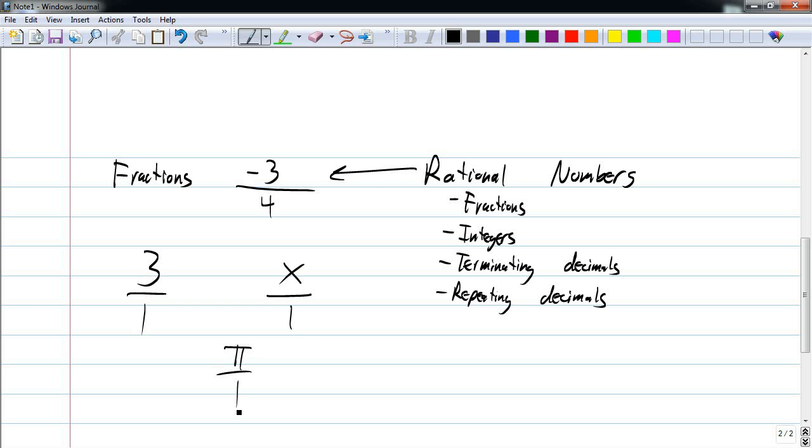I can always write anything that isn't a fraction as a fraction this way, especially integers.